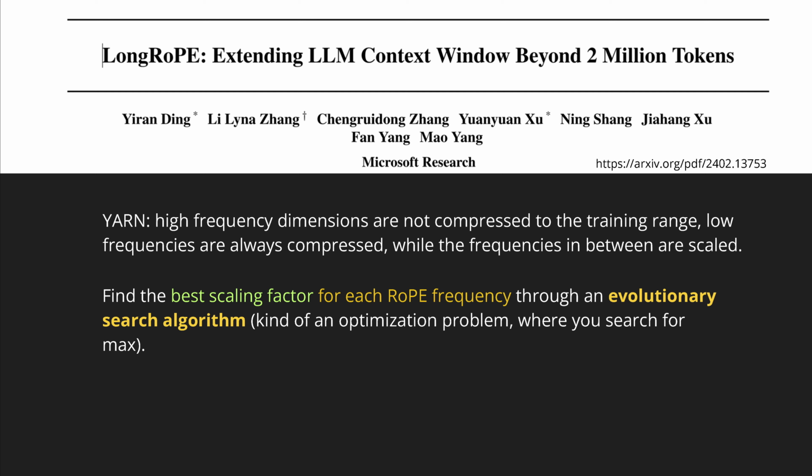You just find better scaling factors, better correction factors for each of the original rotary position embedding frequencies, and this is now a beautiful word of marketing, an evolutionary search algorithm, like Microsoft called it. I would call it a simple optimization problem, where you search for the maximum performance of your system.